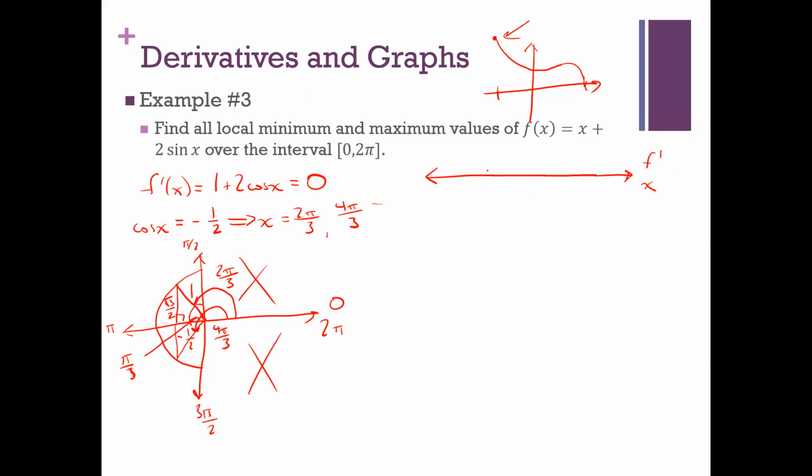Or did people not have strong feelings either way? Let's do that. So here are my 2 critical values. I know that my slope is 0 at either one of the critical values. So what are some good test points to use for the rest of this?